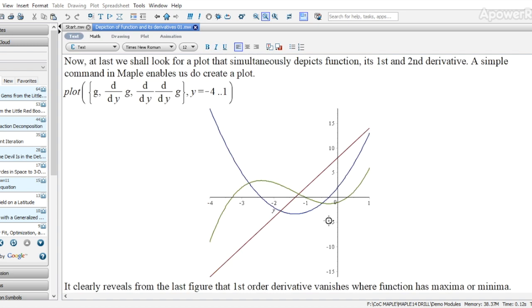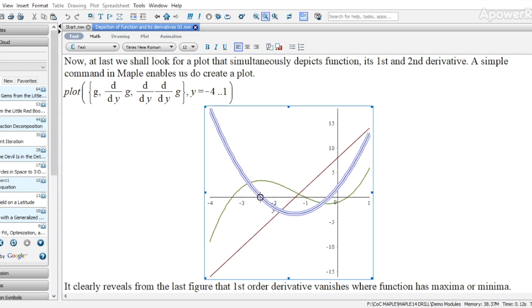Now, here we are plotting function g, its first derivative and its second derivative in the same region. The green line indicates the function which has a maxima and a minima. The blue line indicates the first derivative which shows zero value at the maxima and again a zero value at minima.